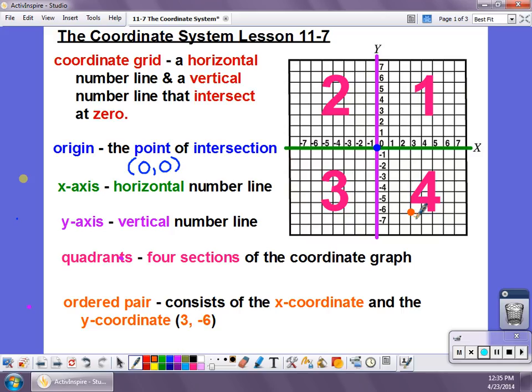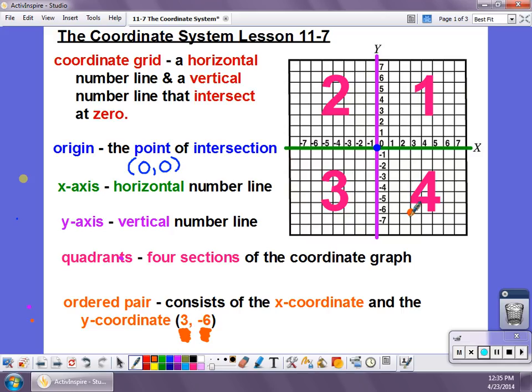The way we would write that as an ordered pair is the number that you use to go across your x-axis comes first. So over 3, it's a positive 3 because we started at 0 and went to positive 3. The second number tells us how far up or down you go. Since it's a negative 6, from here we're going to go down 6 places, and that tells me where to end up. So that's an ordered pair.